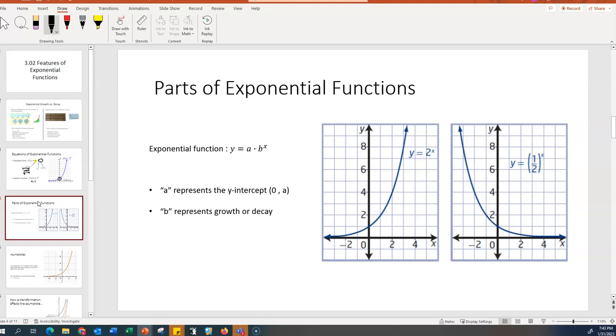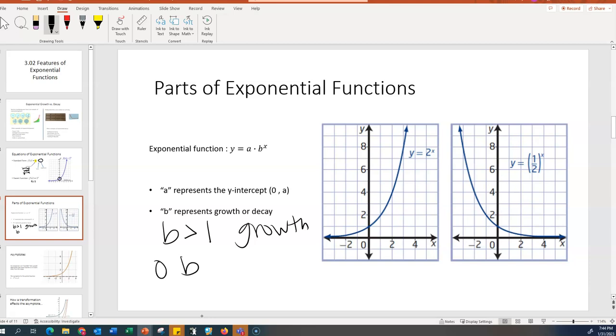The b value, so the number raised to the variable x, is going to be how you determine if it's growing or decaying. If b is greater than 1, okay, b cannot equal 1, but if b is greater than 1, we have growth.